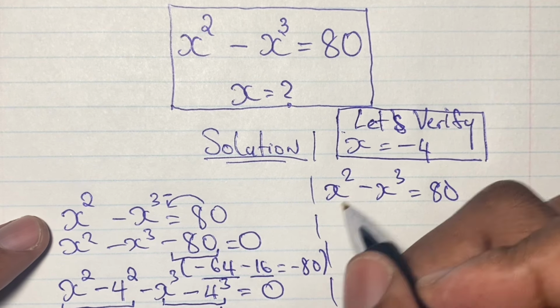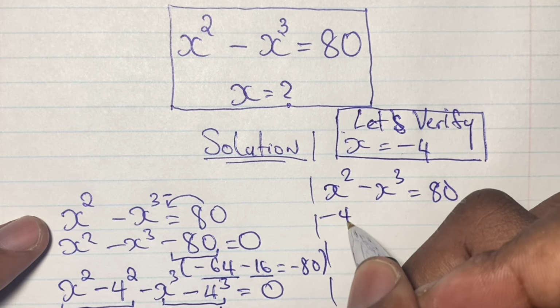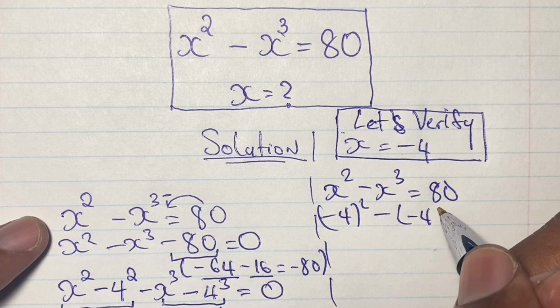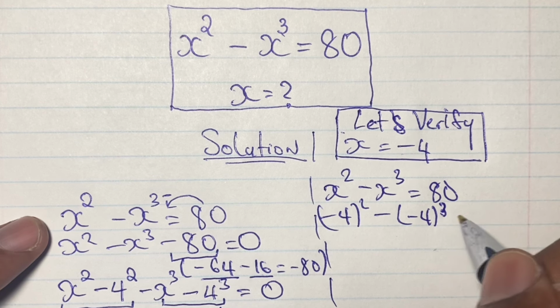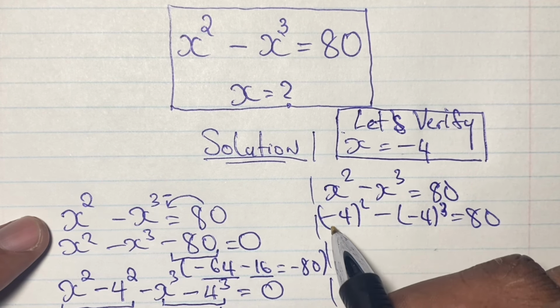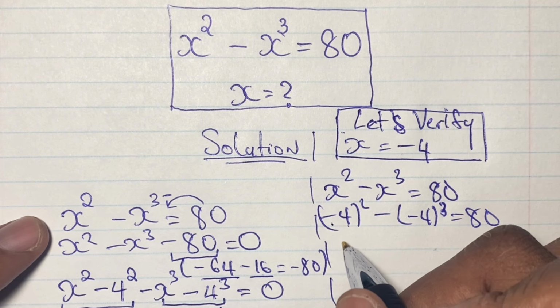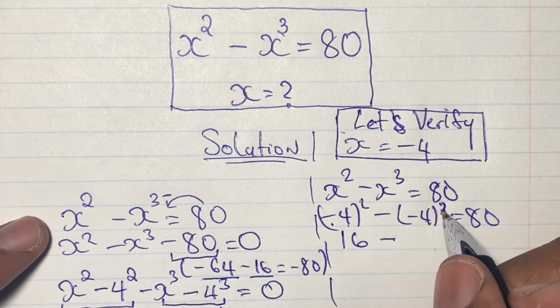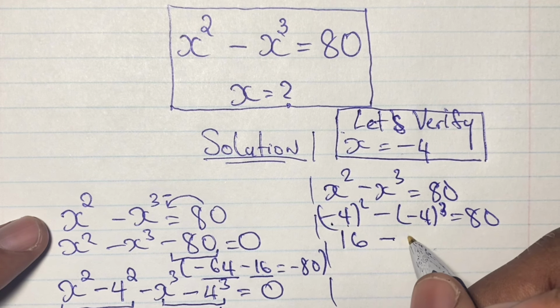And while solving this equation, we found that x is equal to negative 4. So we write negative 4 in brackets squared minus negative 4 in brackets cubed is equal to 80. And a negative times a negative gives us a positive, and 4 times 4 gives us 16. So we have 16 minus negative 4 cubed.